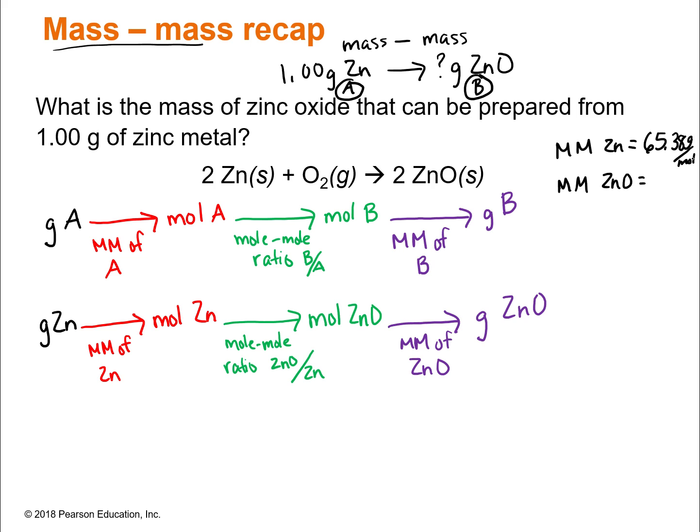Still waiting on the zinc oxide. You're just taking what you see on the periodic table for zinc, what you see for oxygen, and adding them together. Thank you.